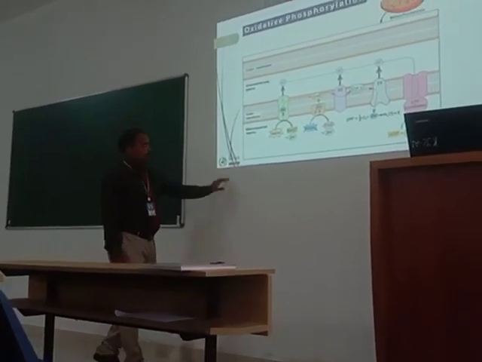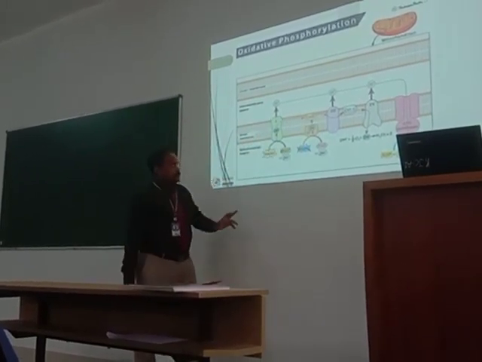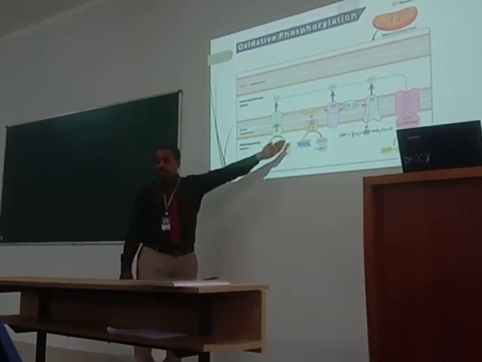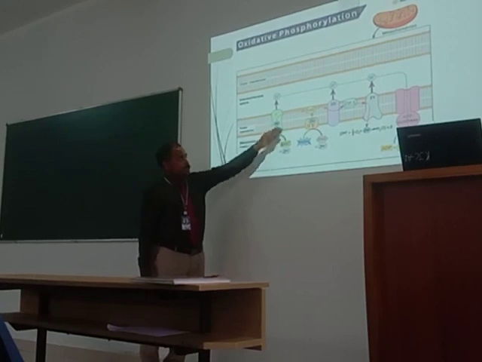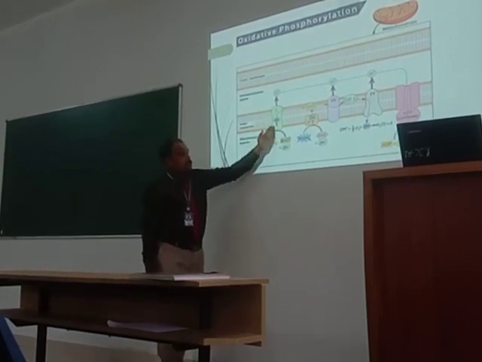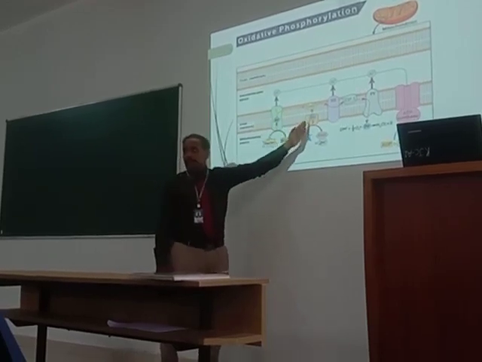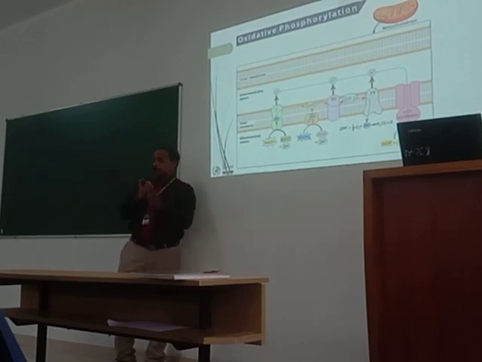So what happens here? During the electron transfer, via these energy rich molecules, it accepts the electron, and when it undergoes simultaneous oxidation and reduction, it passes the electron from one set of electron carriers to the other. That means the electron moves from one complex to another complex. So there is a flow of electrons.